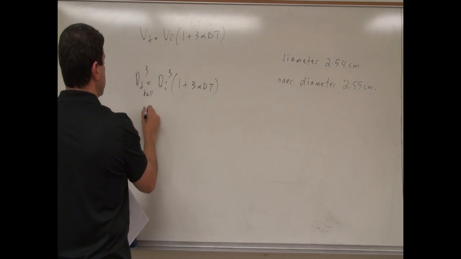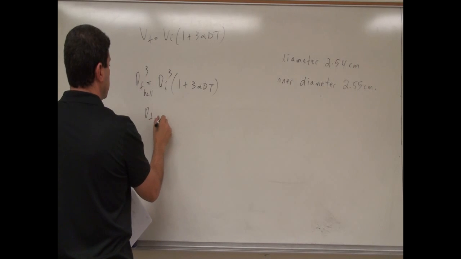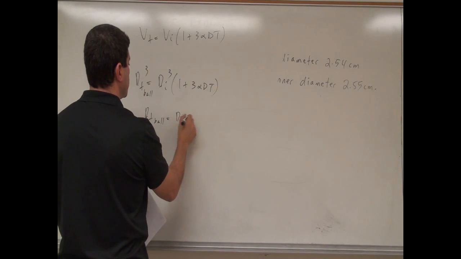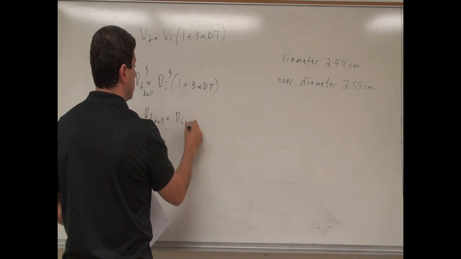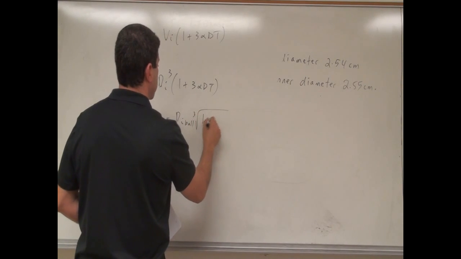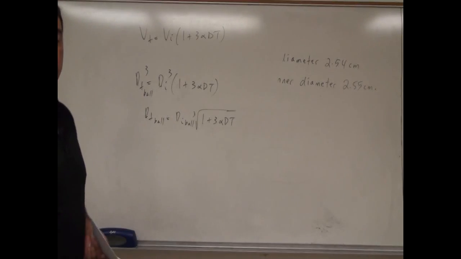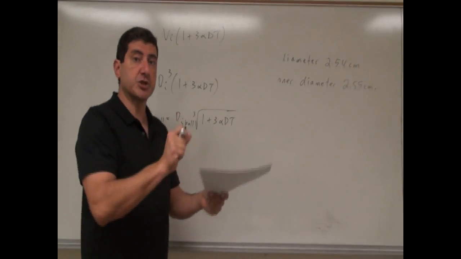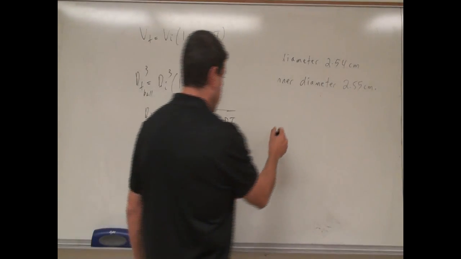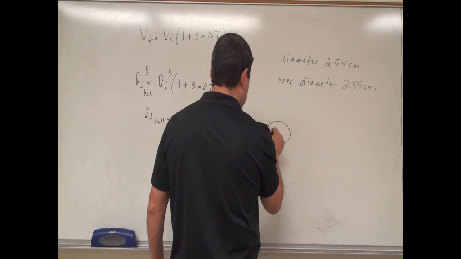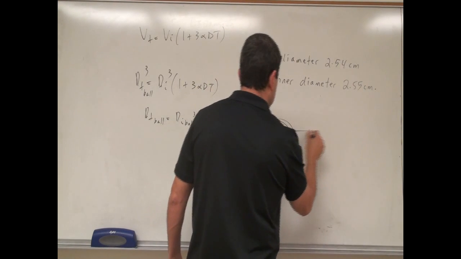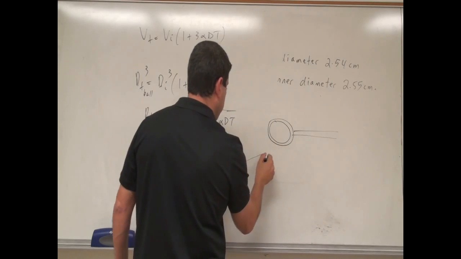Okay, so now let's come up with an equation for just the final diameter of the ball. The final of the ball is going to be equal to the initial of the ball times cube root of 1 plus 3 alpha delta T, right? And then let's come up with an equation for the diameter of the ring. Since the ring looks like this, and then the ball looks like this, right?